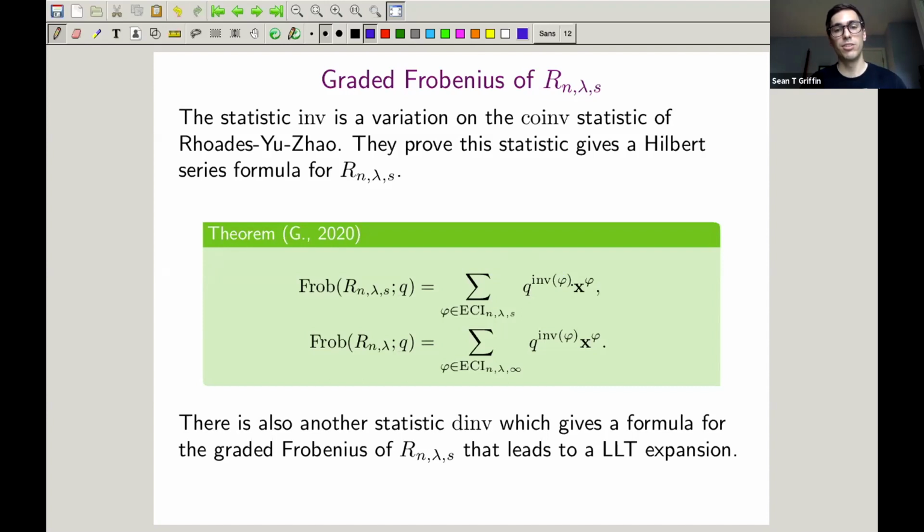So here you sum over all extended column increasing diagrams, keep track of the number of inversions with the q parameter, and then x to the phi is the monomial recording the number of times i appears as a label.